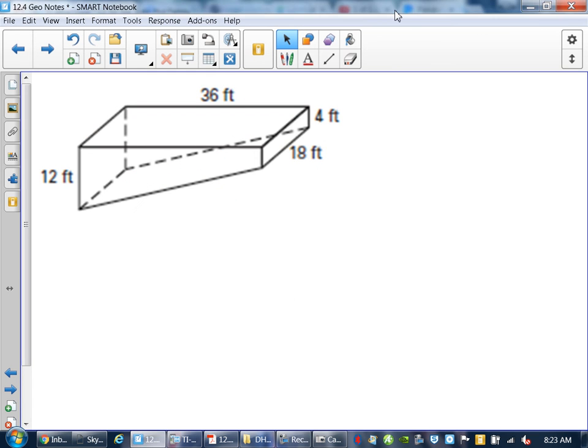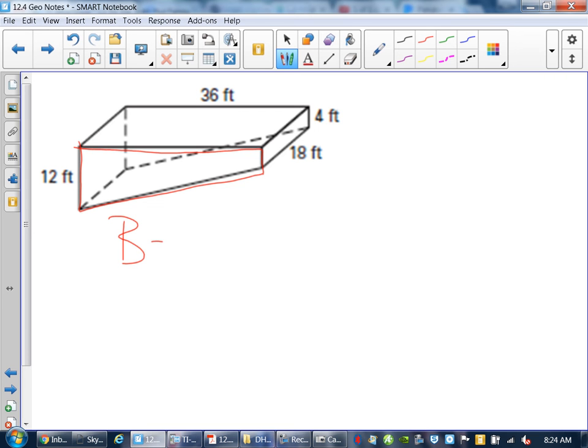Nope. Those are called trapezoids, ladies and gentlemen. This is a trapezoid. Anyway, so big B is a trapezoid, which is 1/2 the height, sum of the bases.